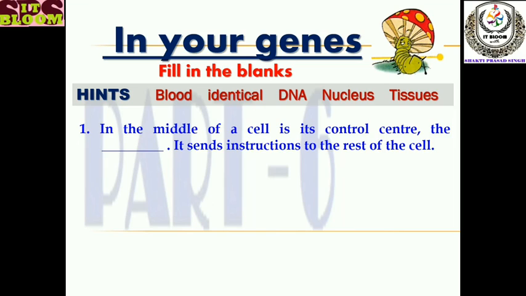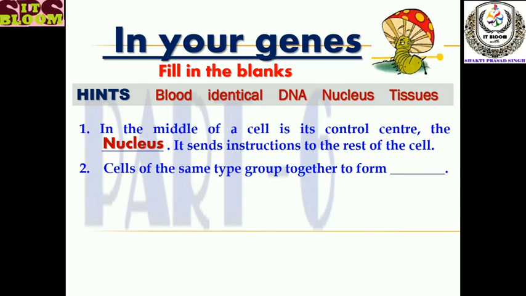It sends instructions to the rest of the cell. The answer is nucleus. The nucleus is available in the center of the cell and it sends instructions to the rest of the cell. Right? Controlling unit.